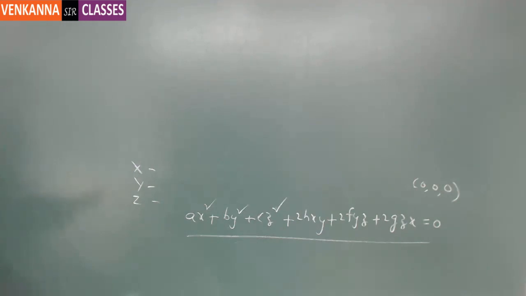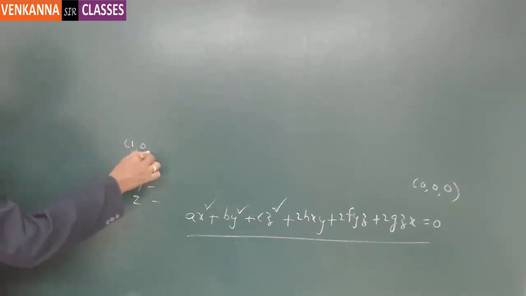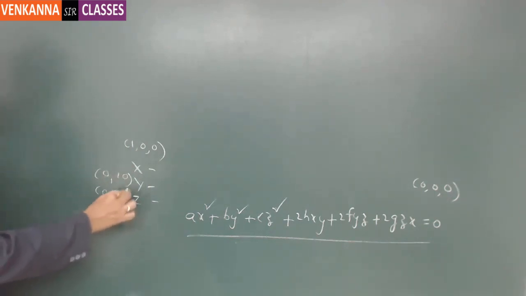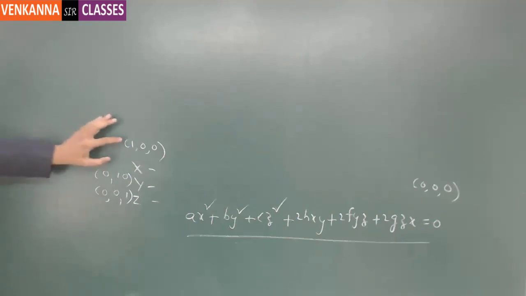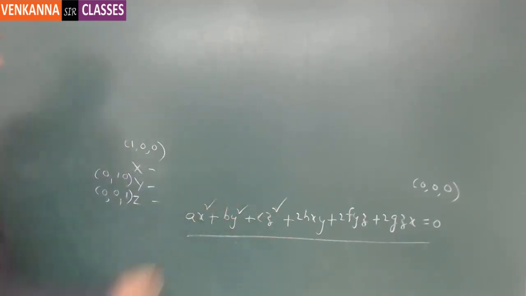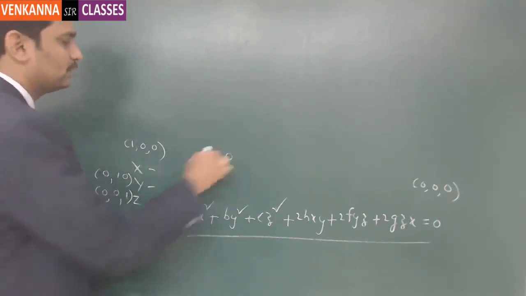Now, as per the previous result, the DCs of the generator must satisfy the cone equation. So the DCs of x-axis are 1, 0, 0, for y-axis 0, 1, 0, and for z-axis 0, 0, 1. If you substitute 1, 0, 0 in place of x, y, z here, you will get that a is equal to 0.